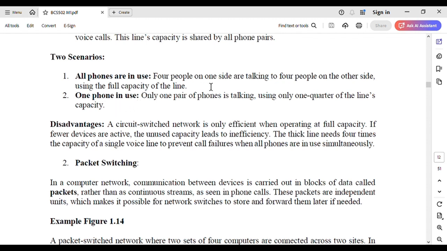4 people on one side are talking to 4 people on the other side using the full capacity of the line. With dedicated lines, when all phones are engaged, the full capacity is utilized. If we consider the other case, where only one phone is in use at the time, only one capacity is utilized and the remaining is wasted.